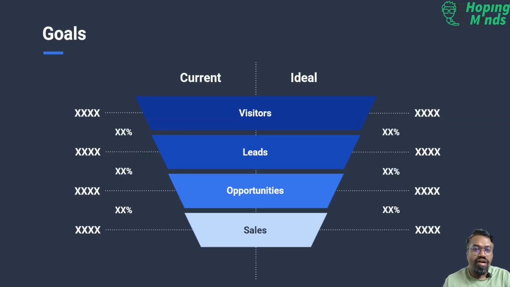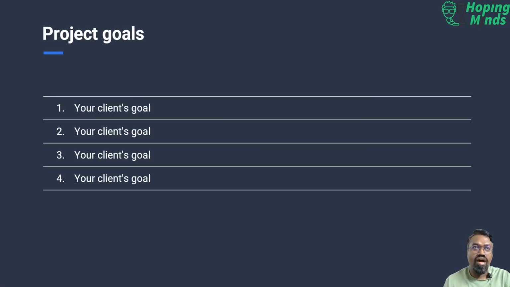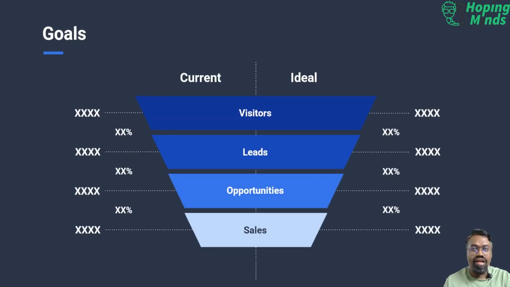And then, how can we achieve it? For example, if their business goal is to generate sales from their website, what is the current website sales, current website visitors, current website leads, or what are the current opportunities? So we need to mention the numbers over here, right? And we need to mention the percentage as well.